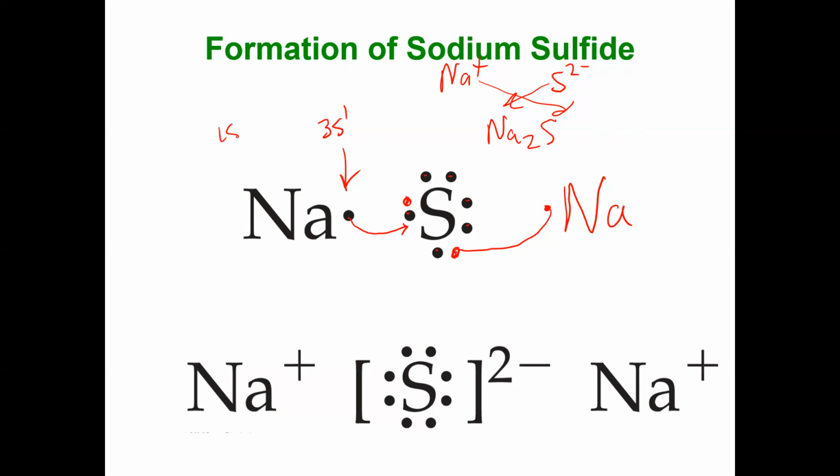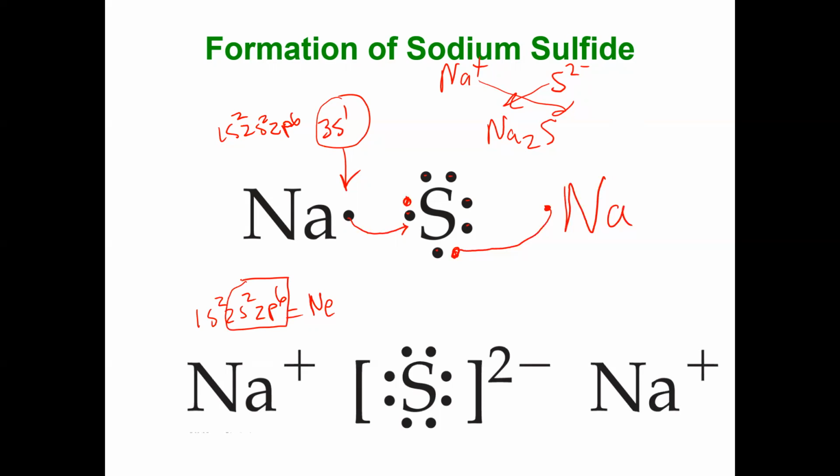So it's a 1s2, 2s2, 2p6. When it loses its one valence electron, which is this one, it now drops down to a 1s2, 2s2, 2p6, and it's happy because it has a configuration like the noble gas neon, and it actually now has an octet in its outer shell.